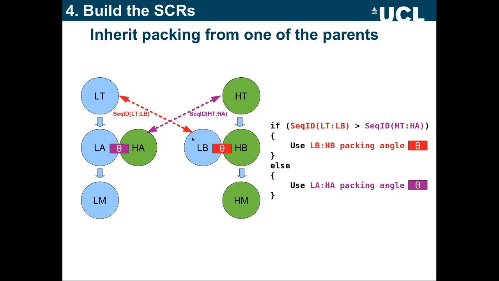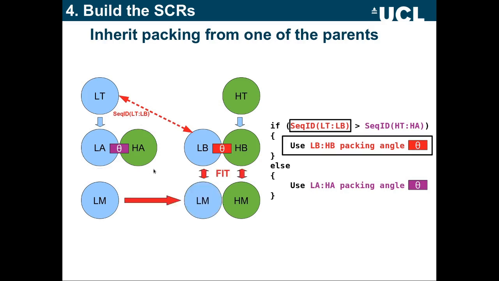If this red one has a higher sequence identity than the purple one, then we choose this packing angle. And if the purple sequence identity is better than the red sequence identity, then we choose this packing angle.